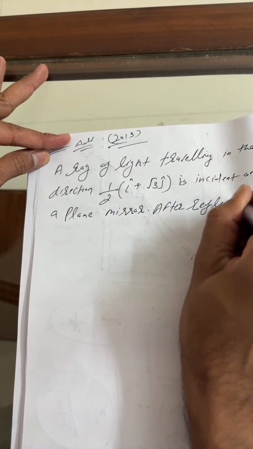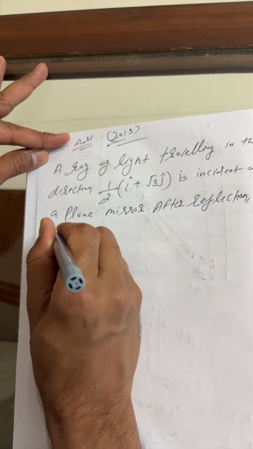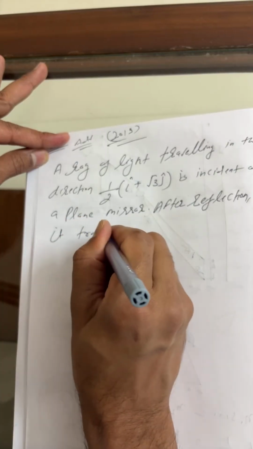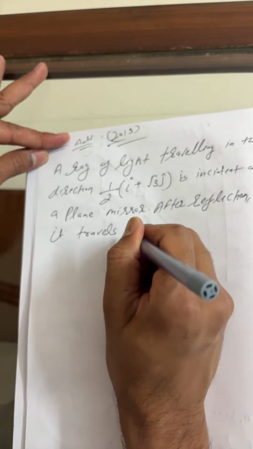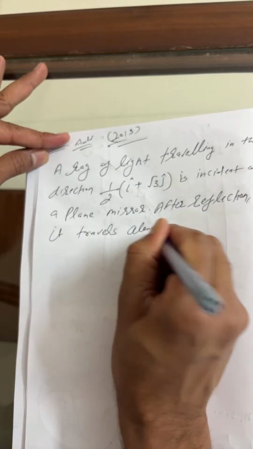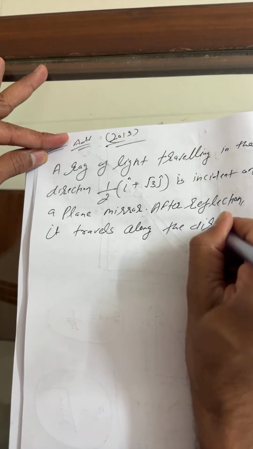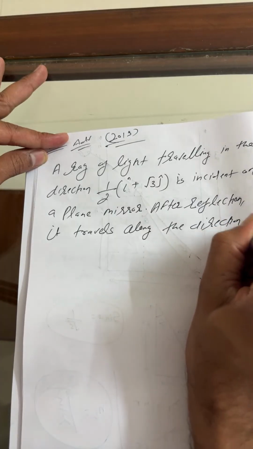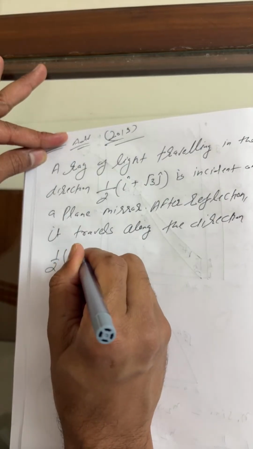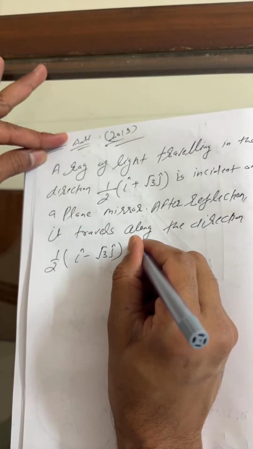After reflection, it travels along the direction 1 by 2 i cap minus root 3 by 2 j cap.